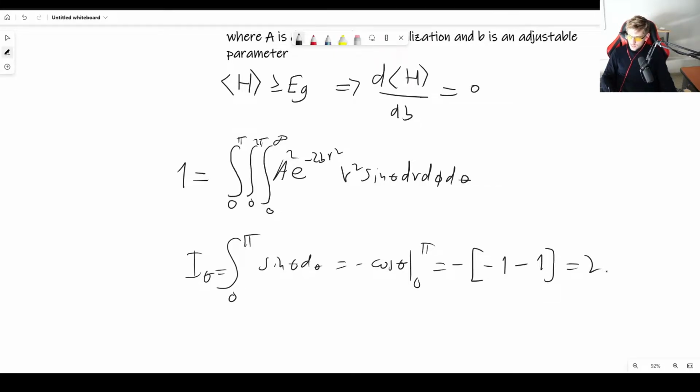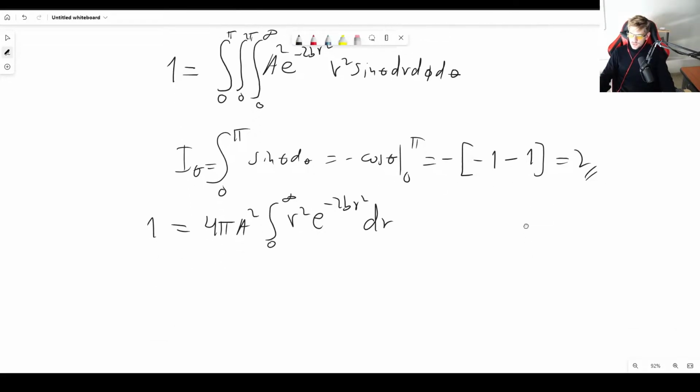So we get 2. So of course, from the angular part, we get the 4 pi that we are used to. And we can pull the A squared outside. And now we're left with the radial integral, r squared e to the minus 2b r squared dr.